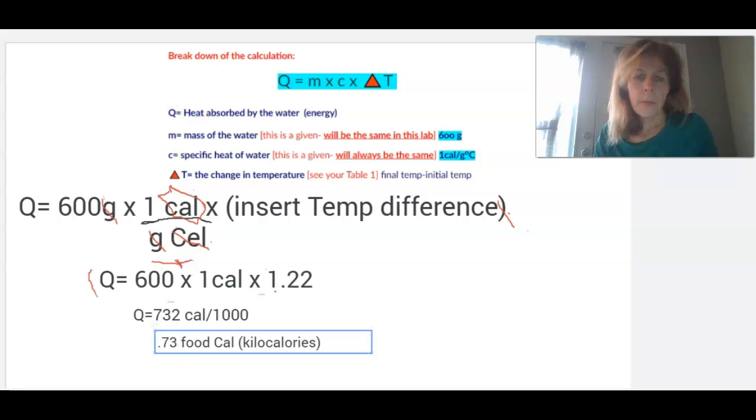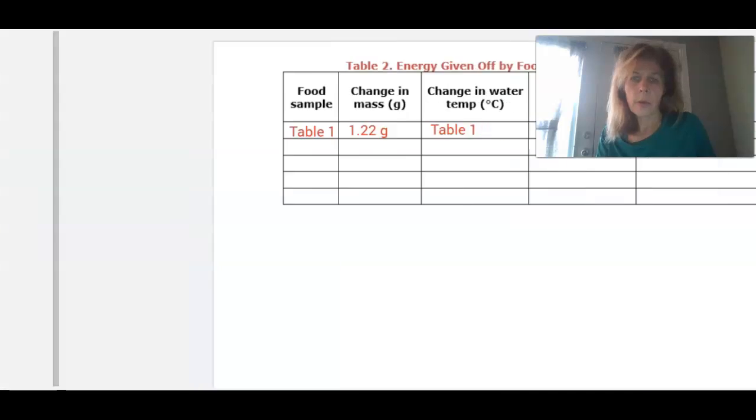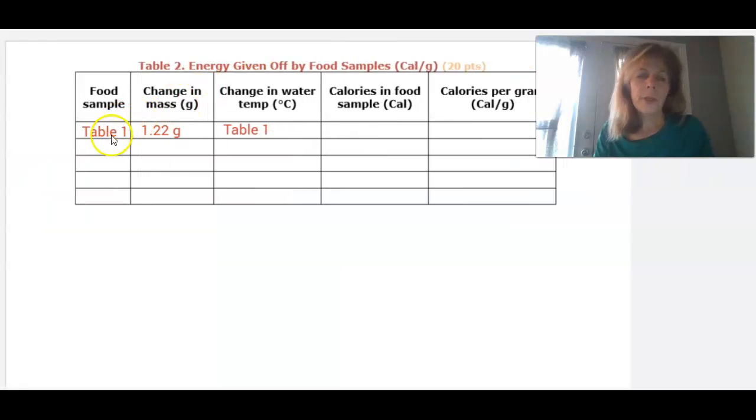Okay, so we take that number and then we go to our data table. And if you look at data table 2, these are food samples you just transfer from the first. Change in mass, direct transfer from your first data table. And the change in water temperature, a direct transfer.